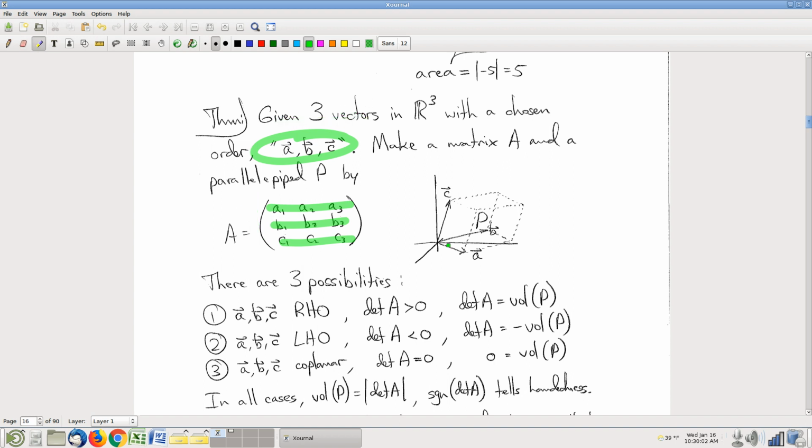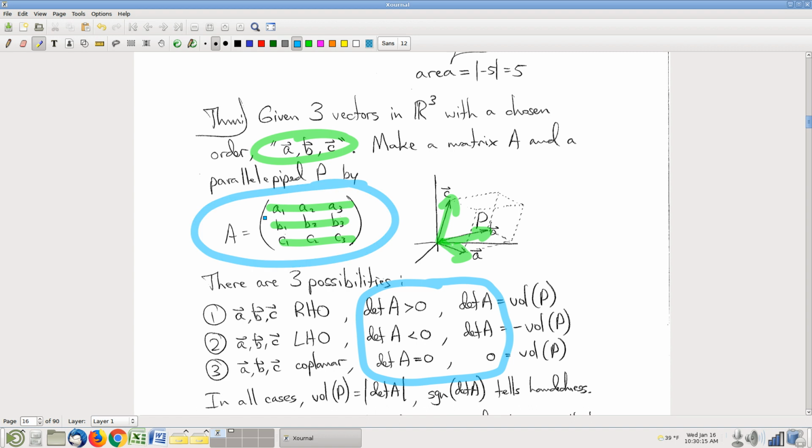You can also make a parallelogram out of them. And as you would sort of expect, the determinant of that matrix tells you a lot of stuff geometrically about this picture. So the sign of the determinant tells you about the handedness of this listing. And again, don't forget the ordering. So A is first, B is second, C is third.